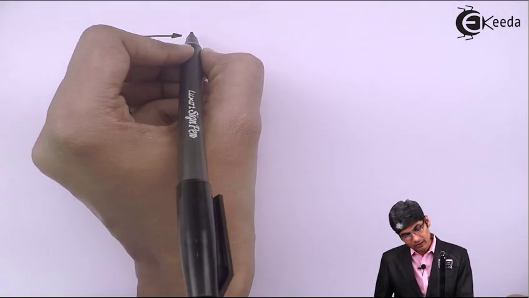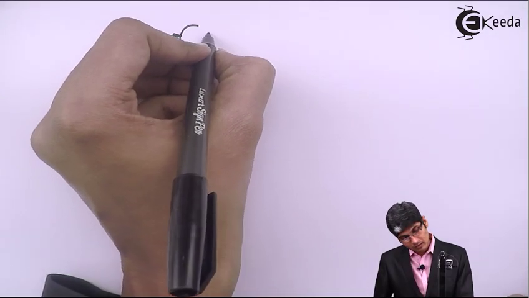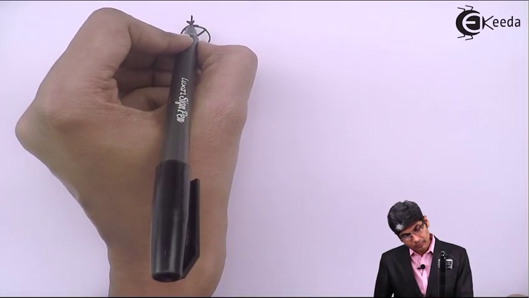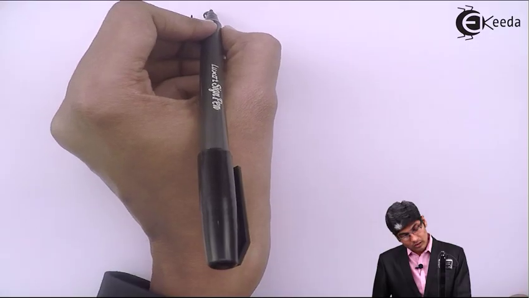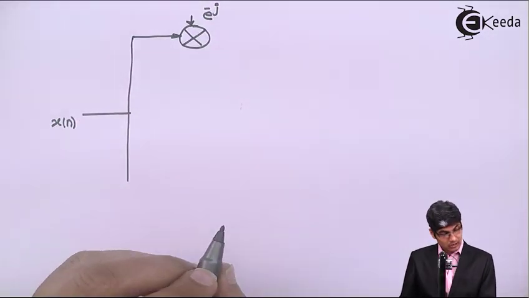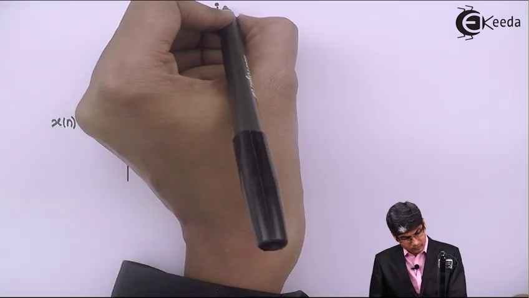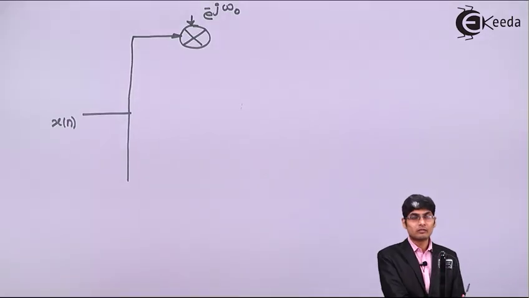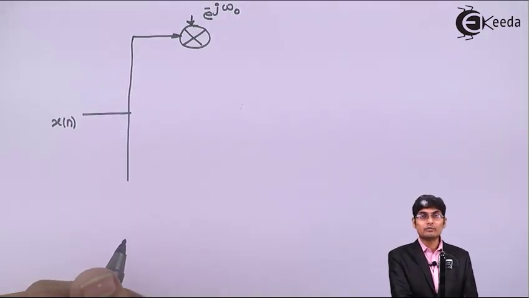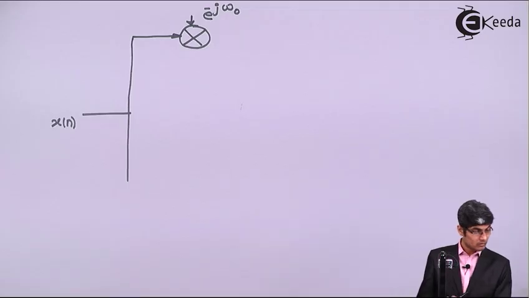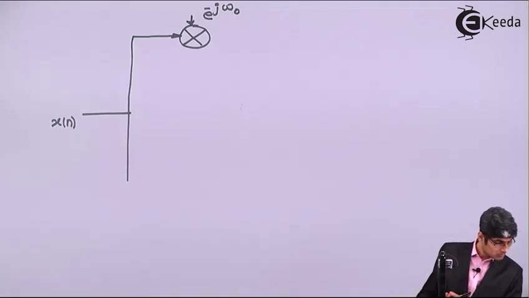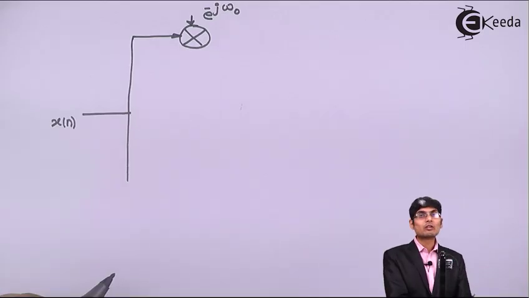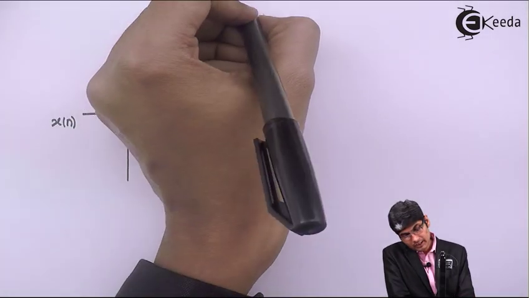I will apply a multiplier, whose next input is e raised to minus j omega 0 of n.